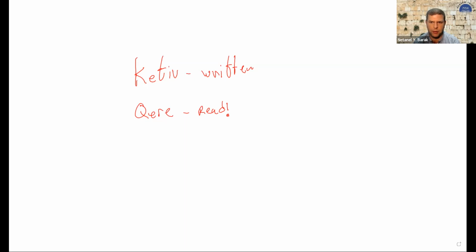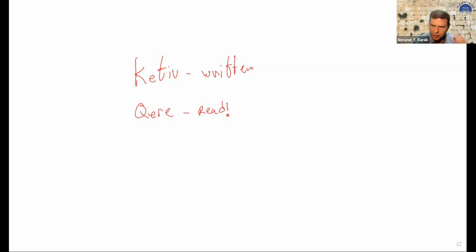It is written in a certain way, and it should be read in a similar way. But sometimes in the Hebrew Bible, there is a difference between the Ketiv and the Qere, and I'll go with your example and show you how it looks in an actual manuscript.